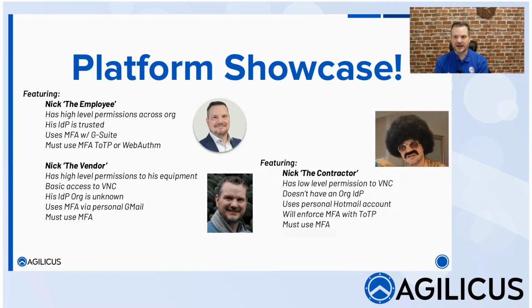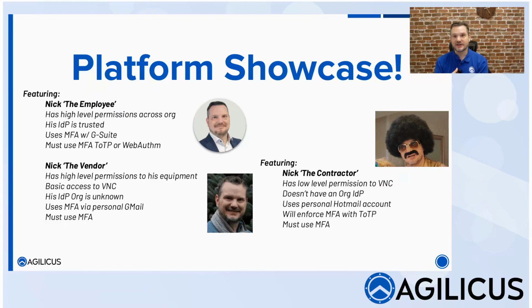And lastly, let's look at Nick, the contractor. Nick, the contractor, has a very important job on legacy hardware equipment within the organization. Nick is self-employed. Nick does not have an IDP or an identity provider. In fact, Nick is pretty old school. He uses his Hotmail account. So we're going to identify Nick, the contractor, via his Microsoft Hotmail login.